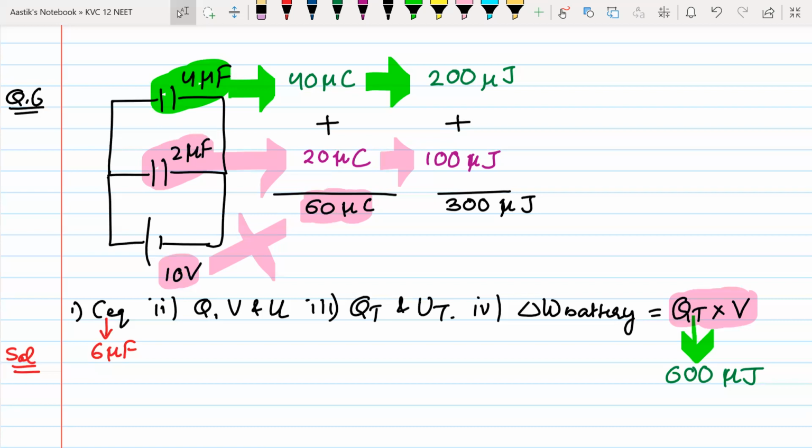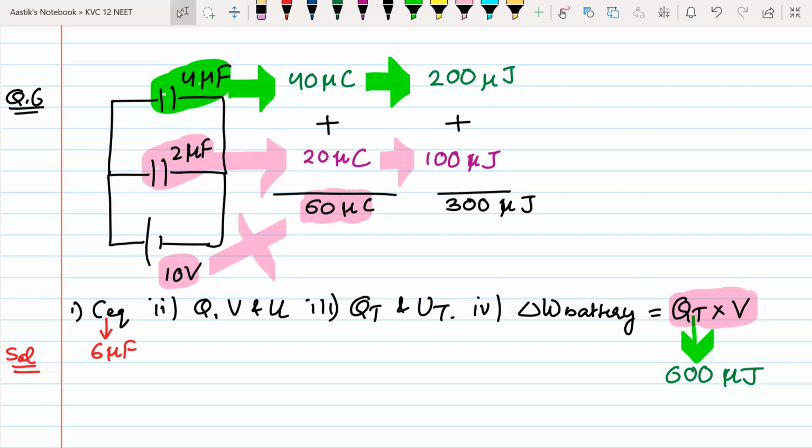Okay, so in today's class, we have already done the questions where we were supposed to find out the values of charges and energies. Today we are going to solve questions where we have to find out the equivalent capacitance, where the capacitors will not be purely in parallel or purely in series.